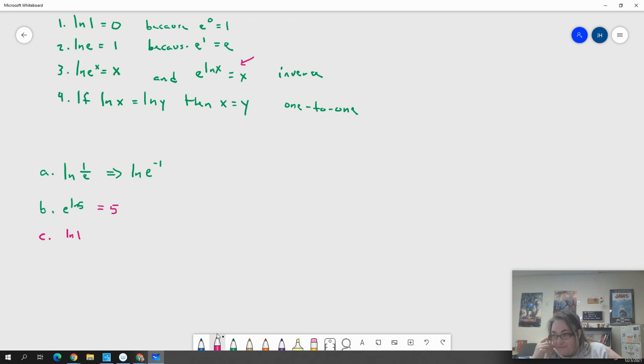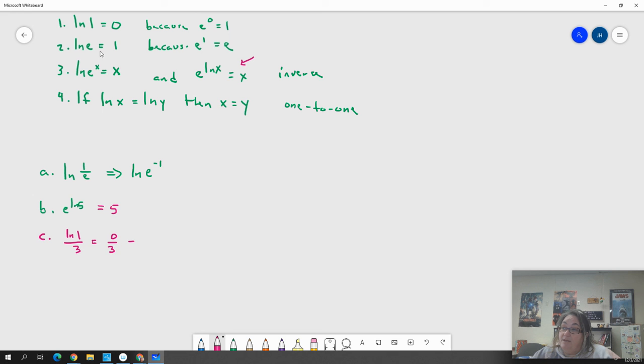ln of 1 over 3. What would that equal? Well, let's break it up. What's ln of 1? ln of 1 equals 0, if we look up here at our properties. So I could just say 0 over 3.